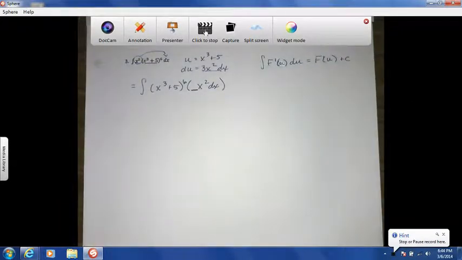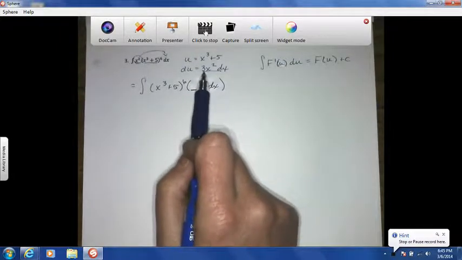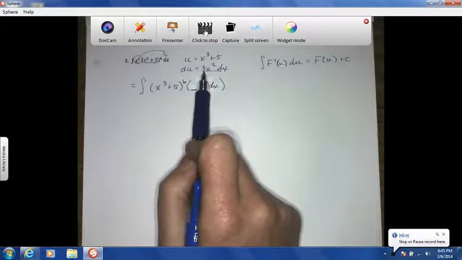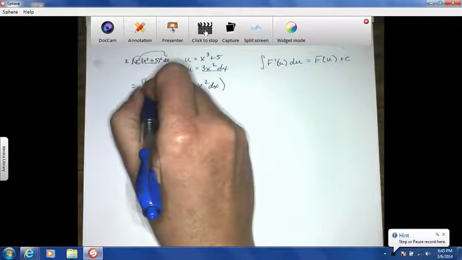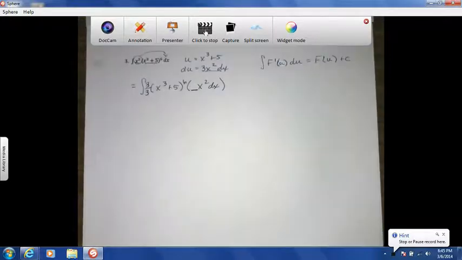What I know is that we are allowed to multiply anything in math by 1, and it will not change the value of our expression or of our function. So I'm going to strategically multiply by 1, but I'm going to introduce the number 3. So I am going to multiply my integral by 3/3.